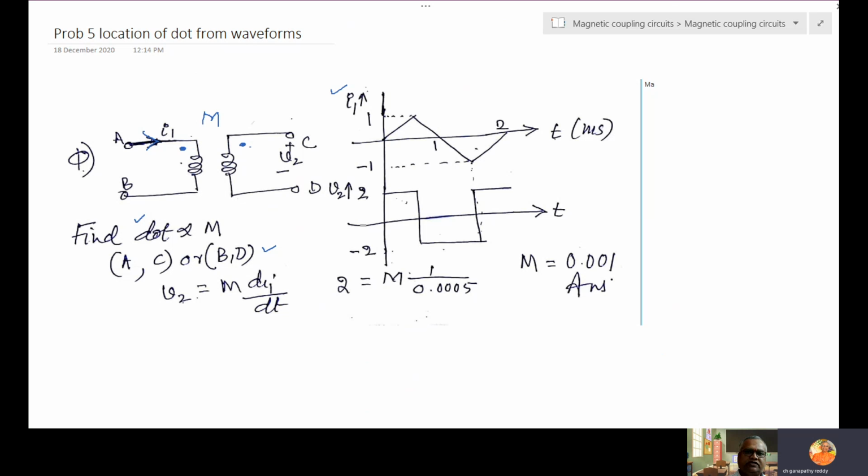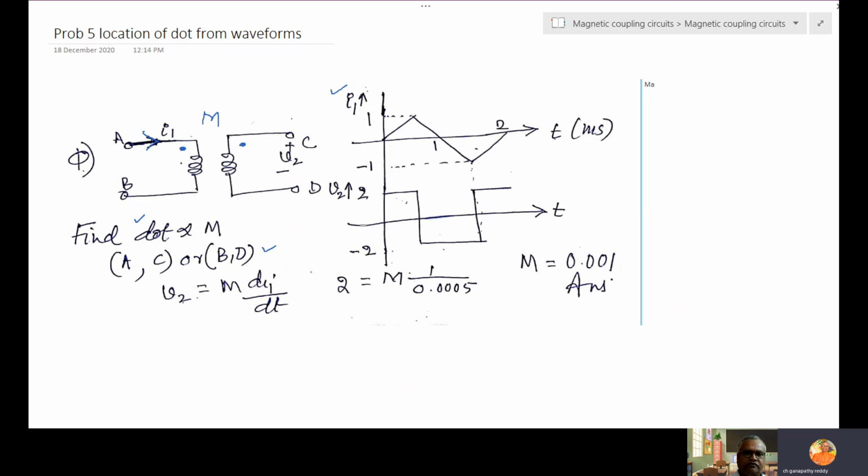If dots are placed here, the condition is satisfied: current entering at dot, sensing at dot is positive. Then the current decreasing to the negative side, voltage also goes negative. This portion is sufficient to test it; the entire portion is not necessary.